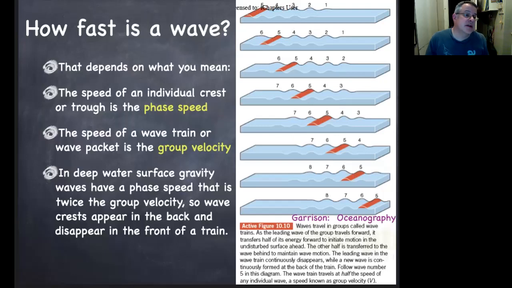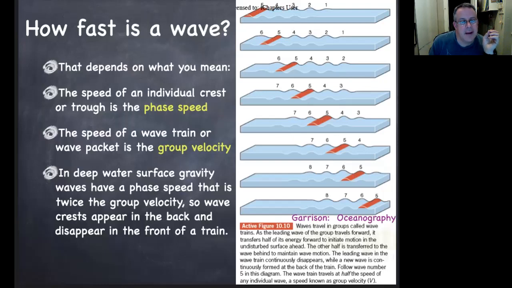So one consequence of this is that getting into the business about how fast a wave is gets a little complicated. The wave group has a velocity, and then the phases, the crests and troughs, have a different speed that isn't necessarily the same as the group velocity.